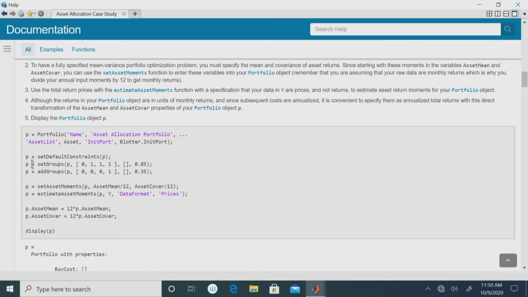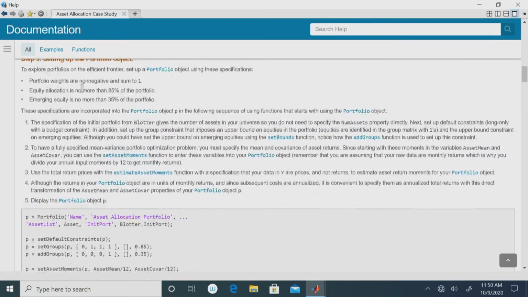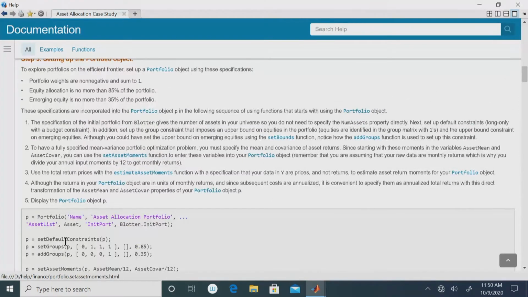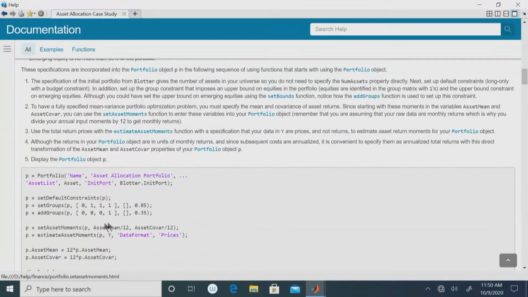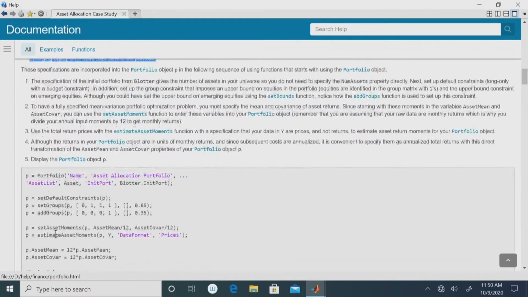First of all, we set the default constraints on P. In MATLAB you typically initiate with a default constraint, and then bring in the others. The default constraints are essentially that the sum is equal to 1 and the portfolio weights are non-negative. On top of these two, we now have to incorporate the 2 individual investor-specific constraints of 85 and 35%.